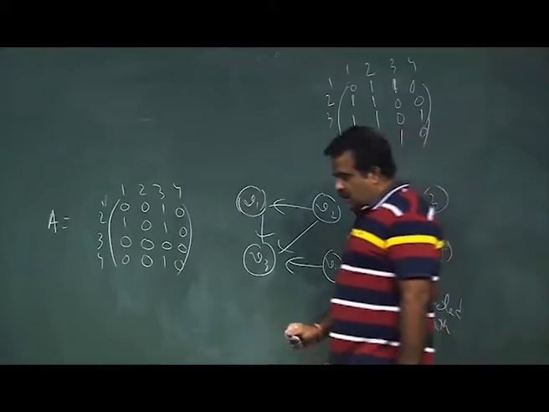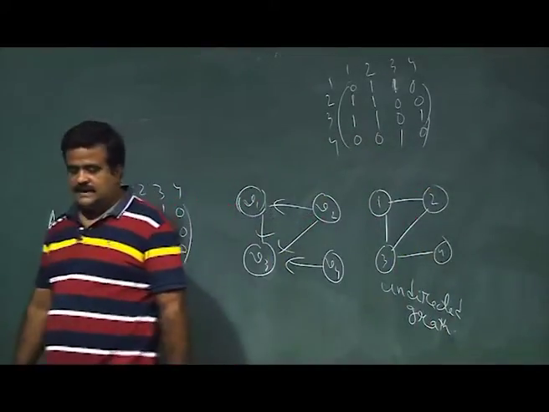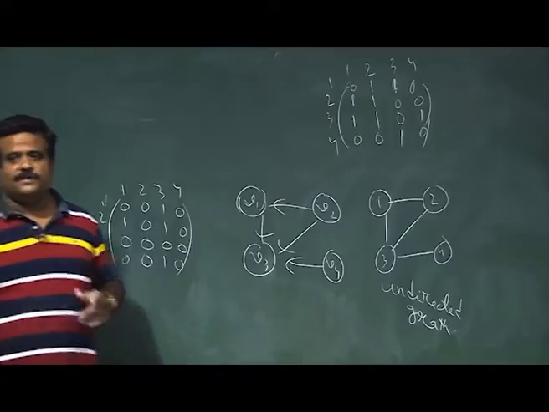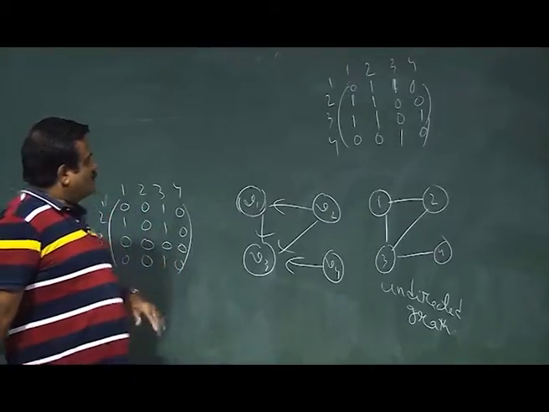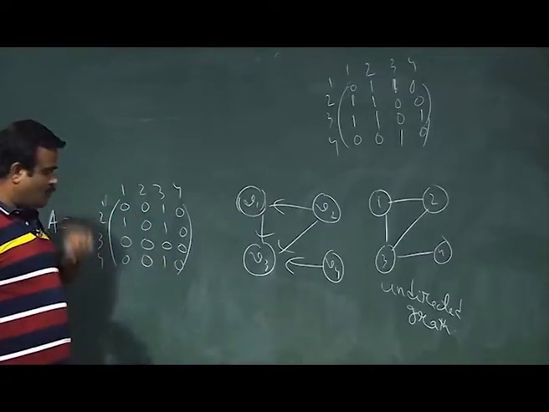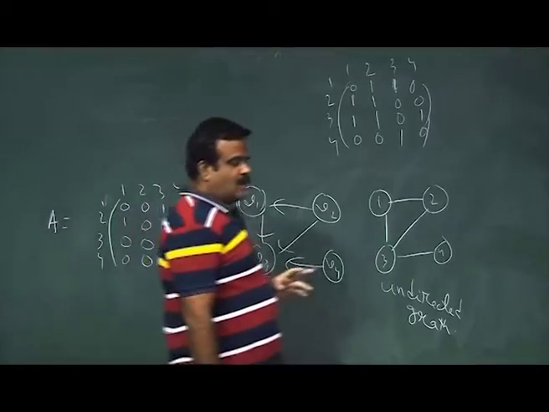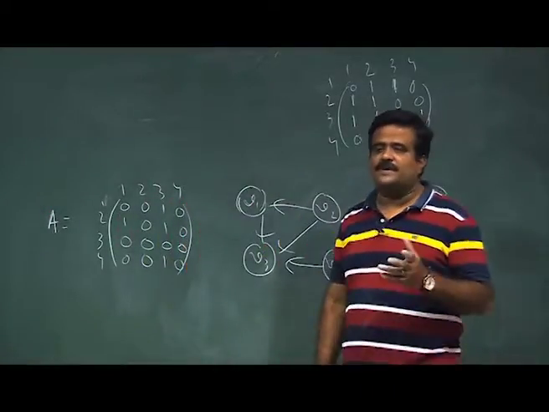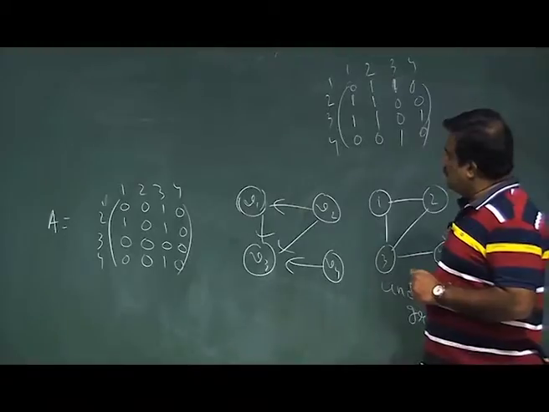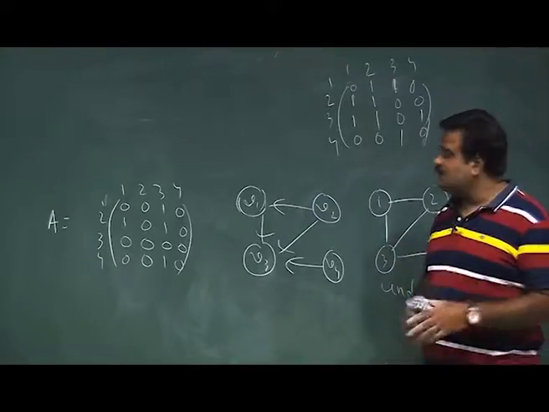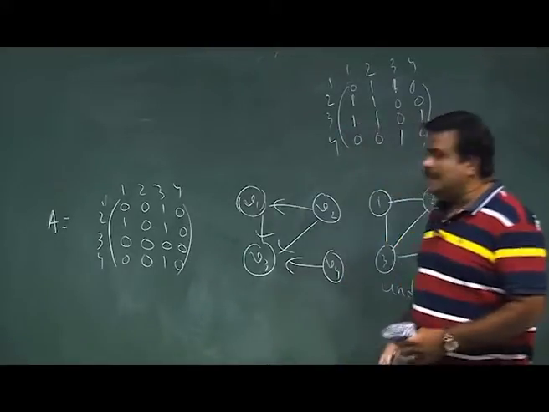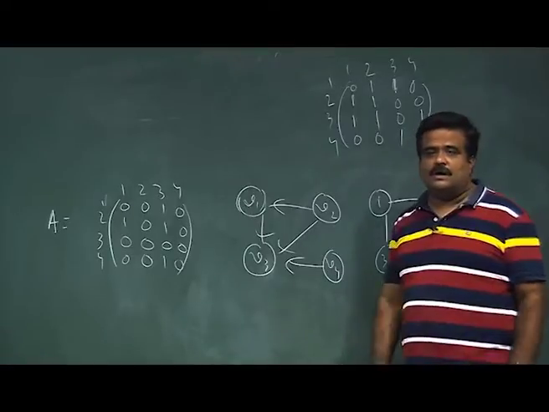Okay. So, now the question is whether this is a good way of representing a graph. What is the drawback of this? Now, suppose our graph is a sparse graph, that means there is a small number of edges.